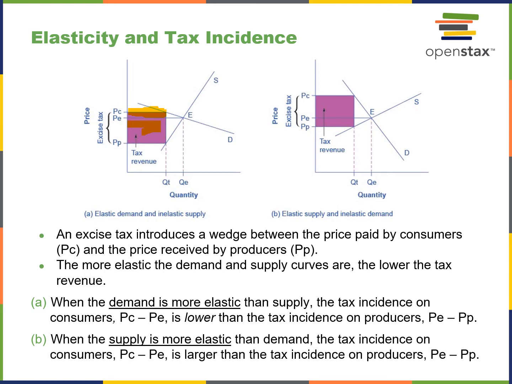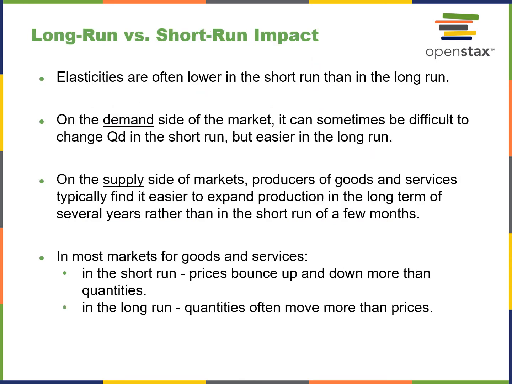That small thin purple area would be what consumers get to see. If demand is more inelastic, then the consumers will bear the brunt. So the producers have this area underneath here, whereas the consumer has all this shaded area up here. It shows the consumer bearing more of the brunt of taxation in this case.